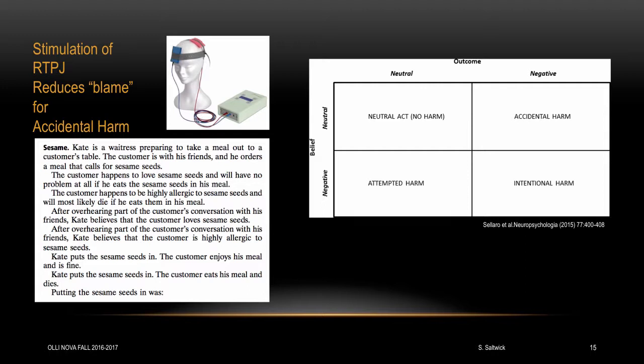Now, if we stimulate, by applying transcranial direct stimulation, this right TPJ, which is implicated in the theory of mind network, we find that over several different stories, we can manipulate the amount of belief that a subject would apply regarding Kate's behavior in this environment. The more the stimulation, the more that the subject who's listening to this story would reduce the blame for accidental harm.